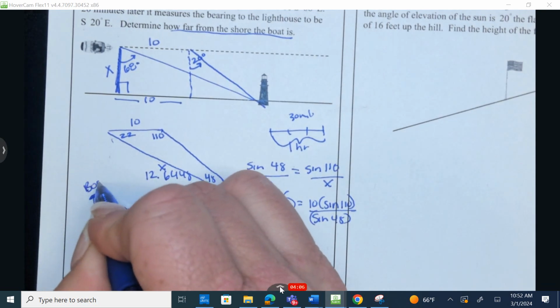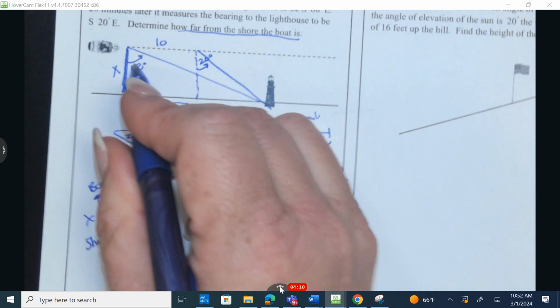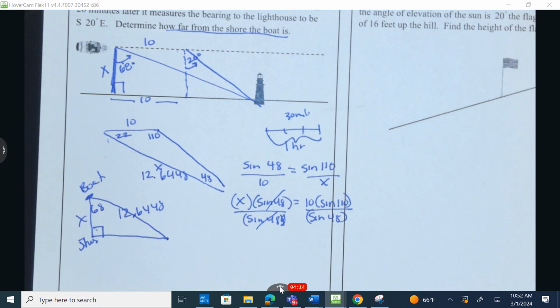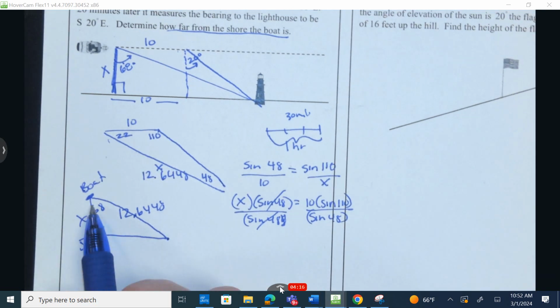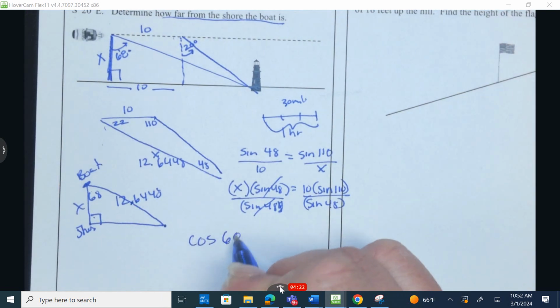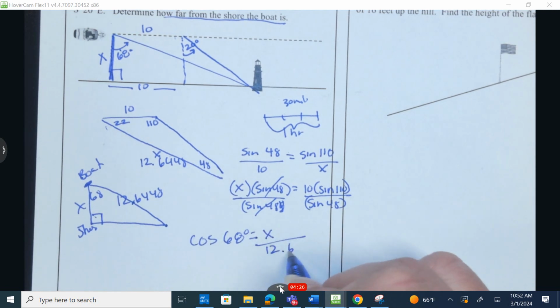And here's the boat, and here's the shore. We want to know what this distance is. And we can see this angle here is 68. Since we have a right triangle, we can use a primary trig function. So from this angle, I have adjacent and hypotenuse. So the cosine of 68 degrees equals the adjacent over the hypotenuse.